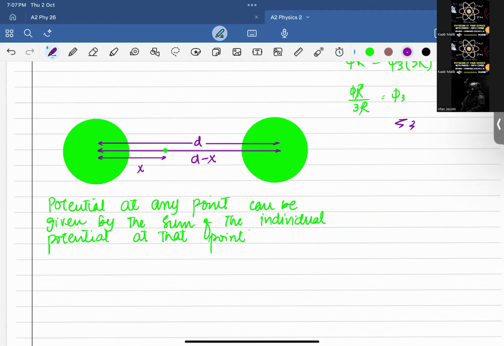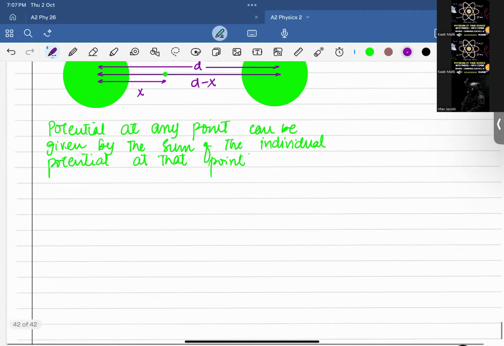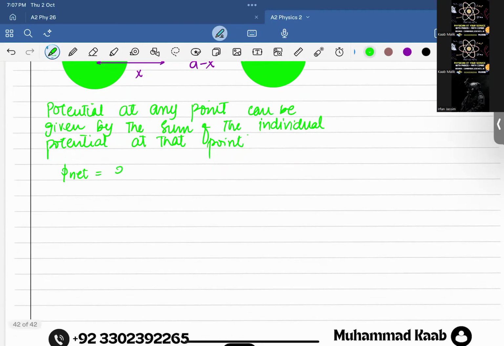So if we try to write down the equation for the resultant gravitational potential, V net, it is equal to potential 1 plus potential 2, because it is a sum of the potentials at any point.